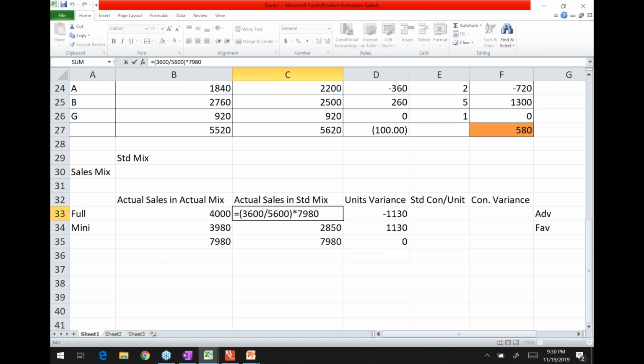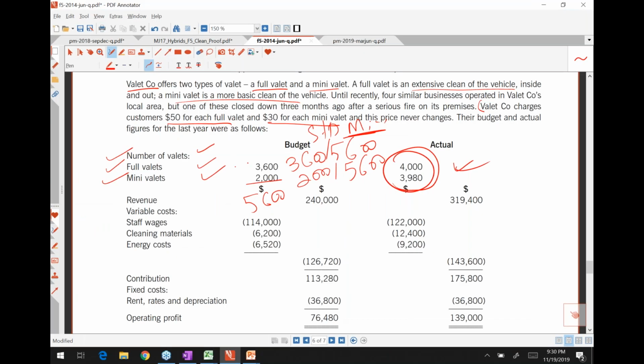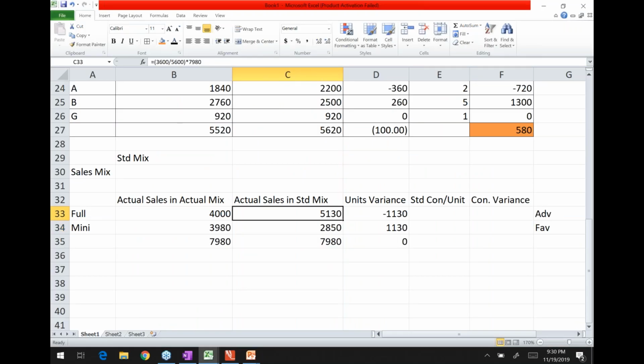As I've shown in my calculations, 3600 is the budgeted units divided by 5600, 2000 divided by 5600. So out of 5600, 3600 should be full valet. Out of 5600, 2000 should be mini valet. This is standard mix. Now we are done with this one. If you have questions, do let me know.